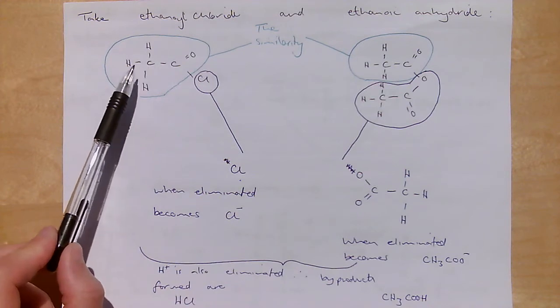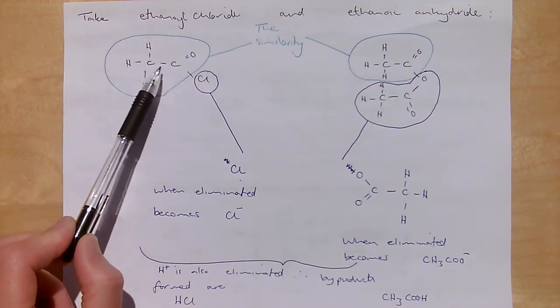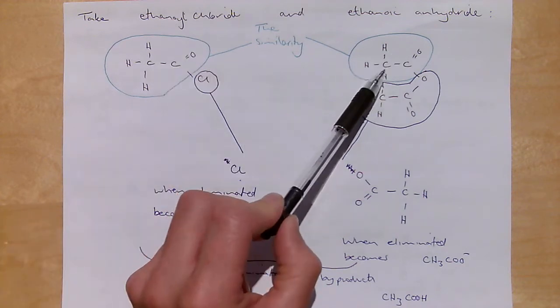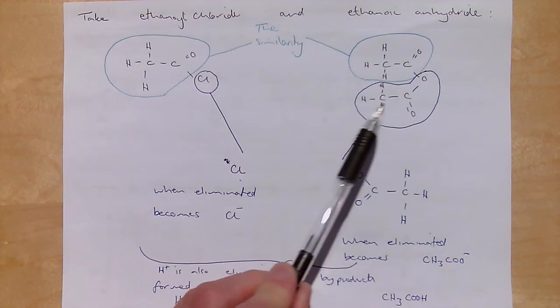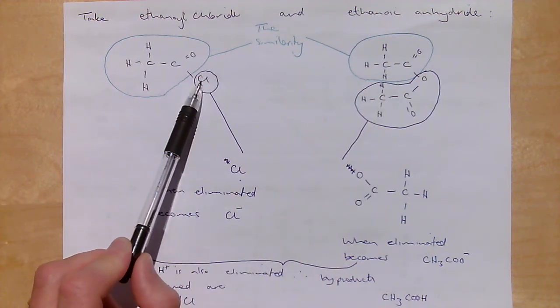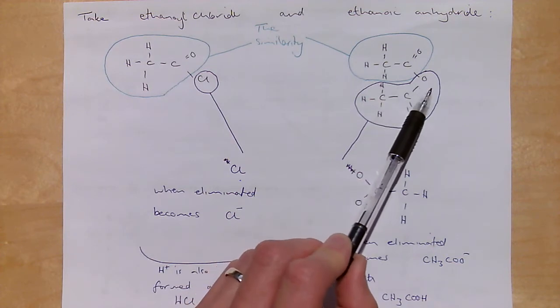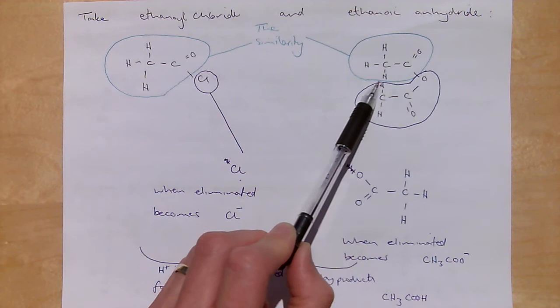Let's just look at that again. This is the similarity between the two molecules, the CH3CO, CH3CO. The difference between the acyl chloride and the acid anhydride is this group here. In the acyl chloride we've got a Cl there, in the acid anhydride we've got a CH3COO here.